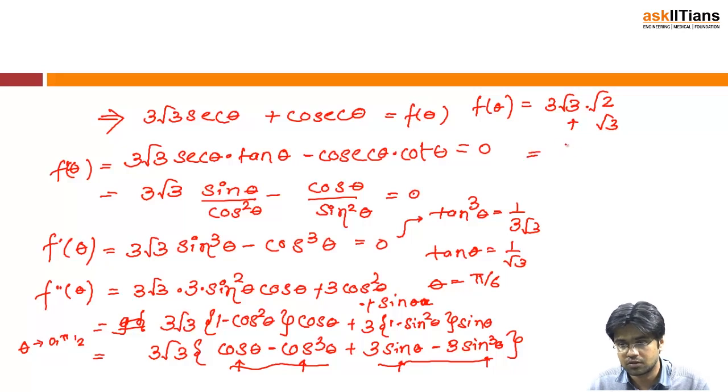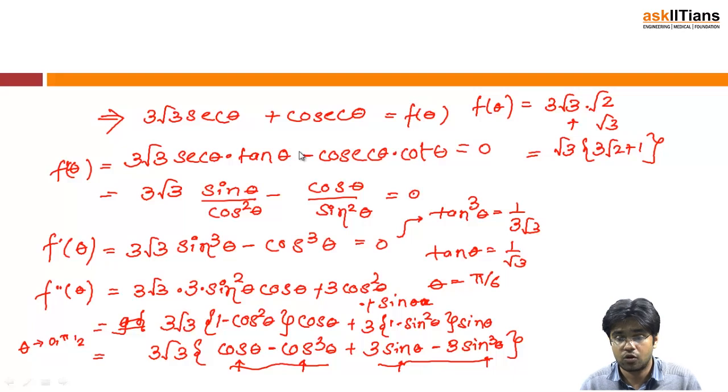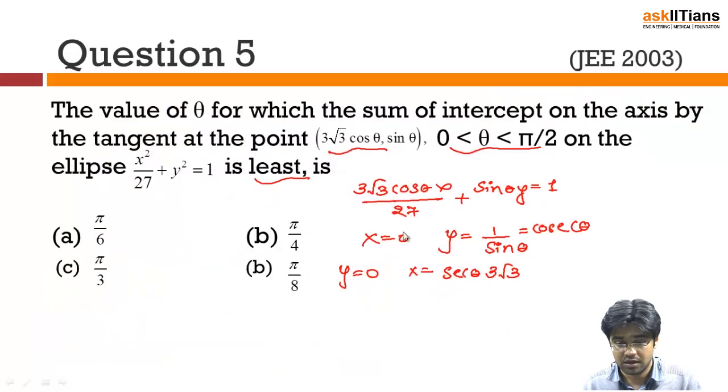So this becomes root 3 common, 3 root 2 plus 1. This is the answer. But wait, we need not find out the intercept, we need to find out only theta, which we found out here. Theta is actually pi by 6. This is the correct answer because we just need to find out the angle.